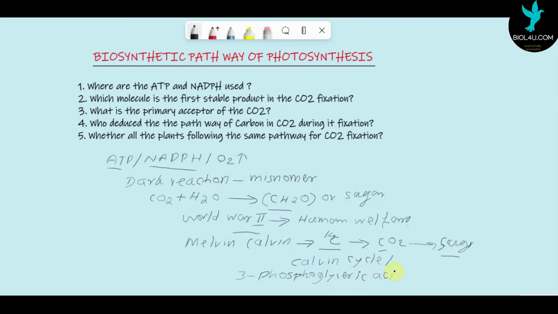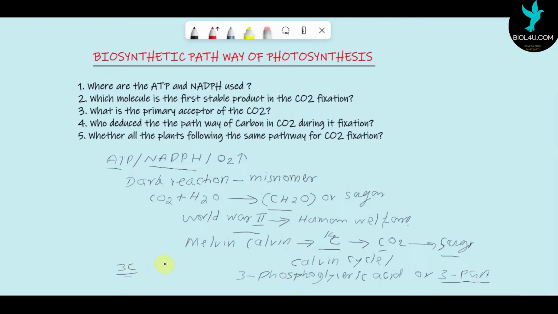You know, this phosphoglyceric acid is also an organic acid, also known as glycerate, that is 3-phosphoglycerate or 3-PGA. Then how many carbon atoms does it have? When we analyze it, it is shown that 3-phosphoglyceric acid is actually a 3-carbon compound.